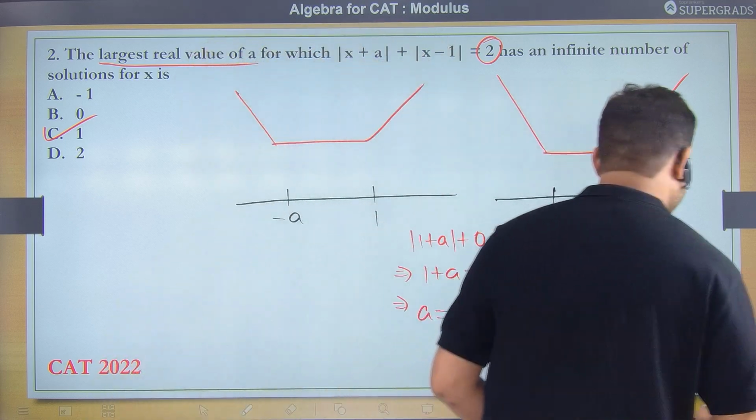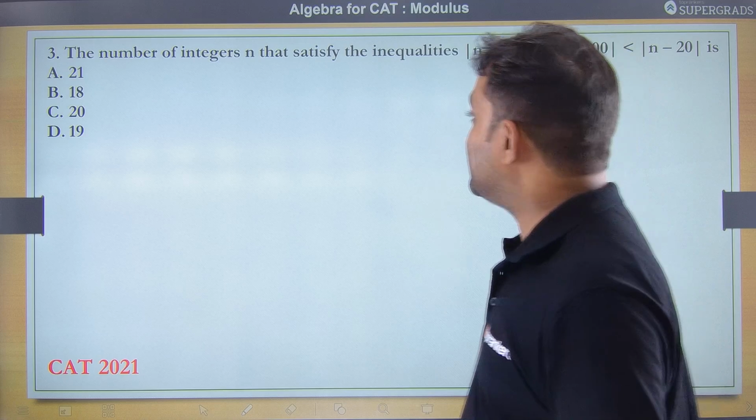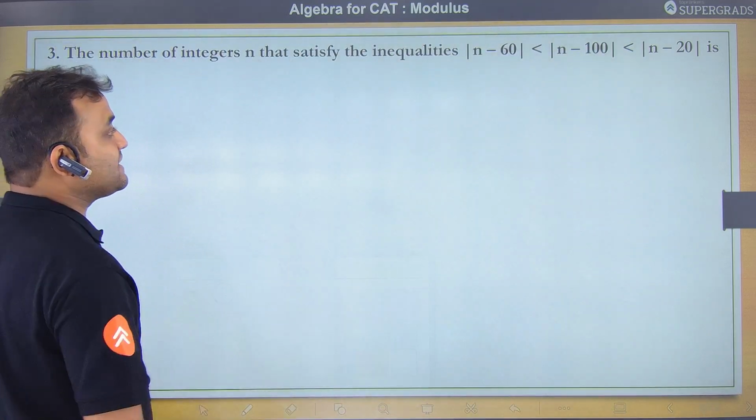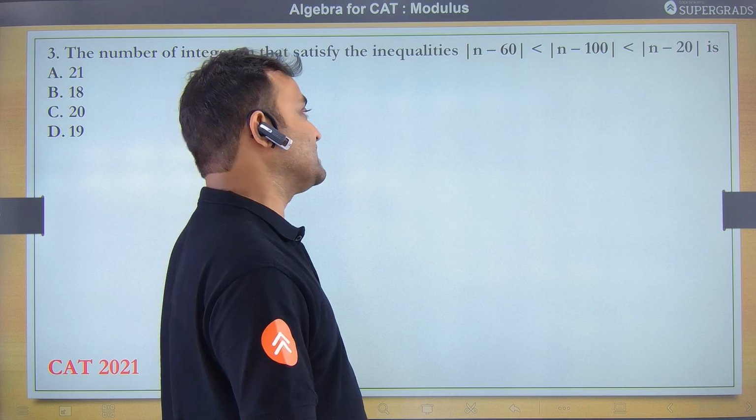Now, again, the third question. It says the number of integers n that satisfy the inequality |n - 60| < |n - 100| < |n - 20|.